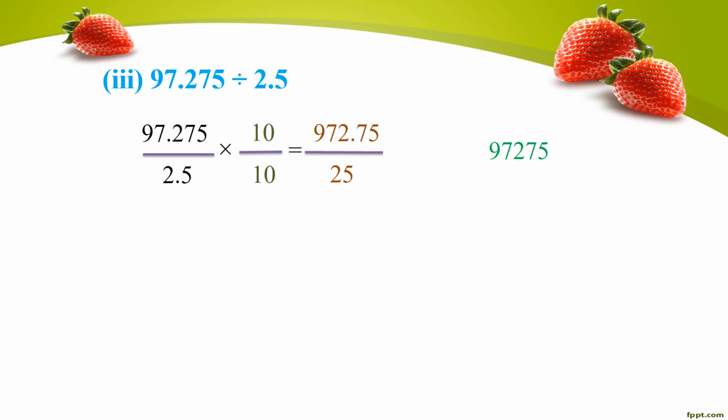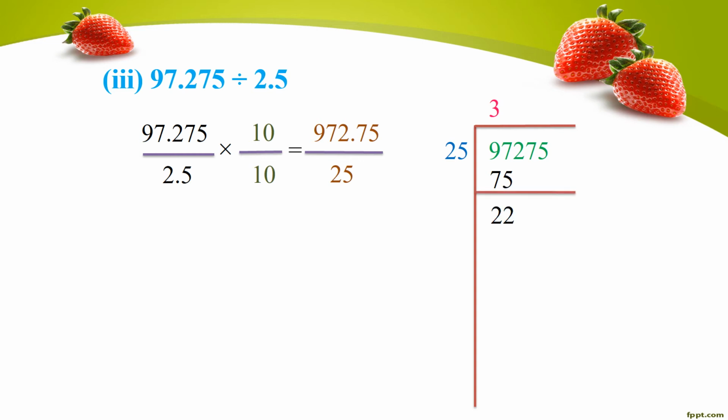Now let us divide, ignoring the decimal point in the dividend. On ignoring, 97275 is the dividend and 25 is the divisor. How many 25s will be in 97? Yes, 3. So 25 3s are 75.